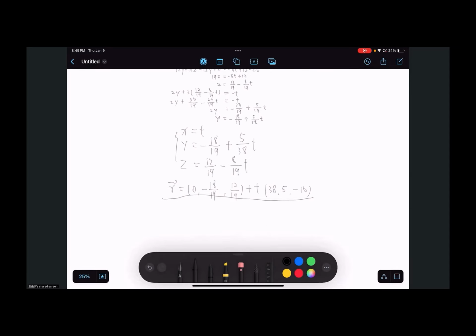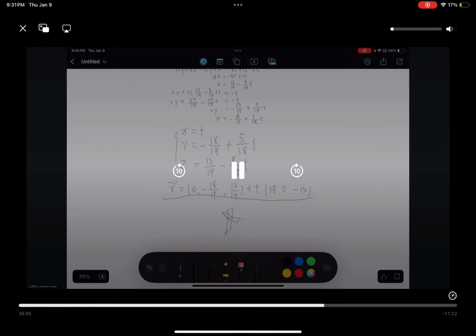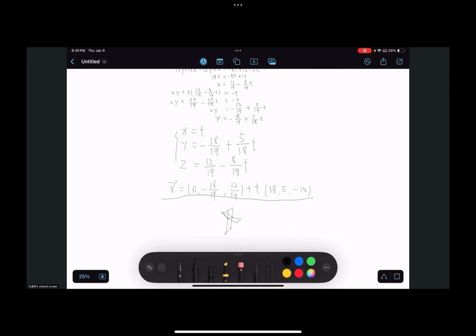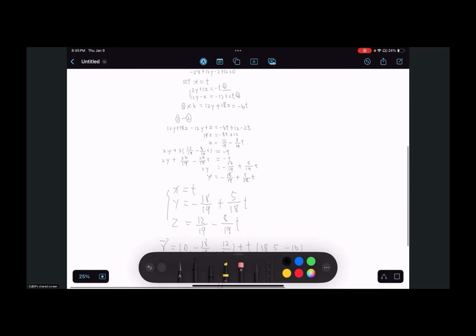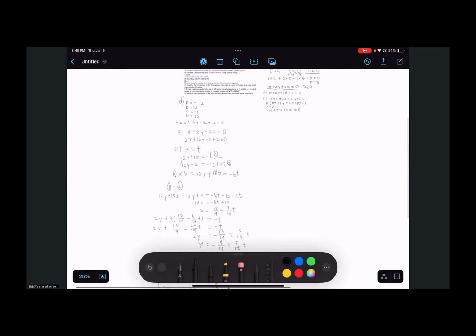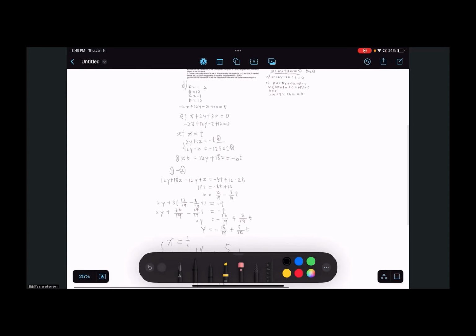So the graph of them might look like that, and the intersection is this line. So that's the answer for part E.